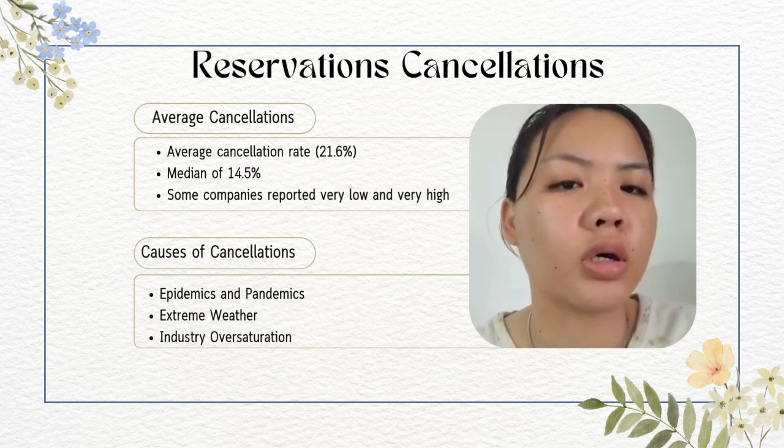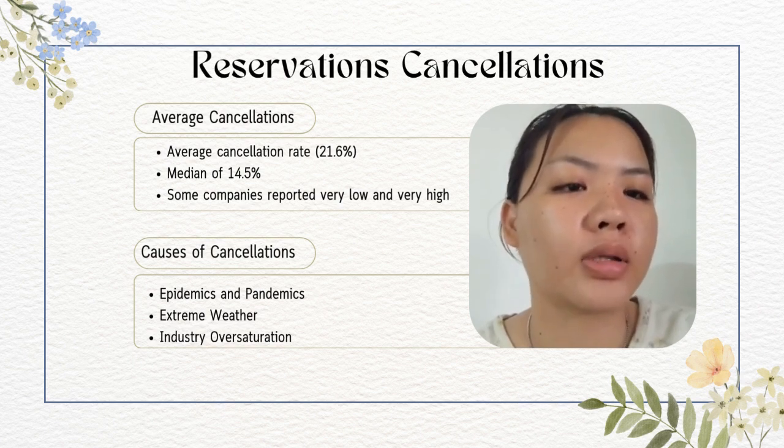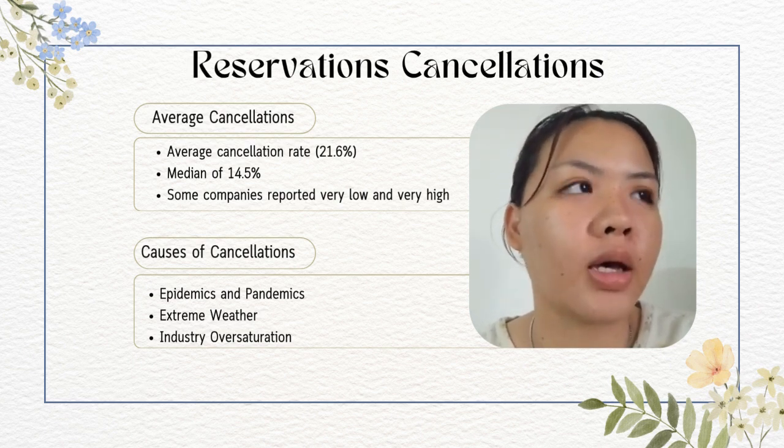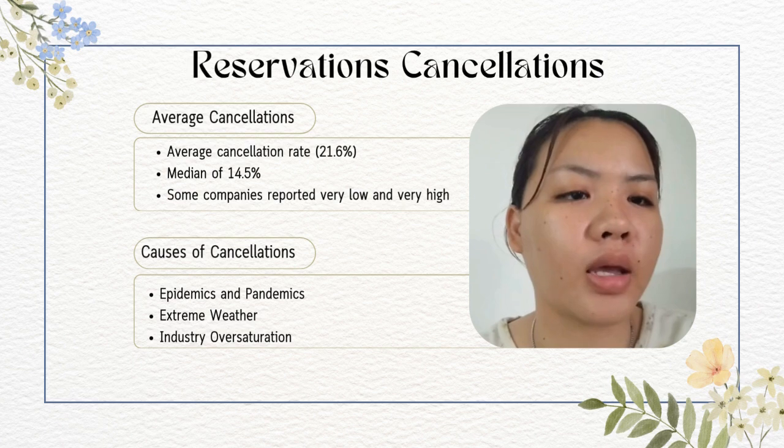The most commonly cited cause of cancellation was health-related disruptions, particularly epidemics and pandemics such as COVID-19. In some responses, up to 45% of cancellations were attributed to pandemic-related issues. Another significant factor was extreme weather, accounting for 17% of cancellations in certain cases.